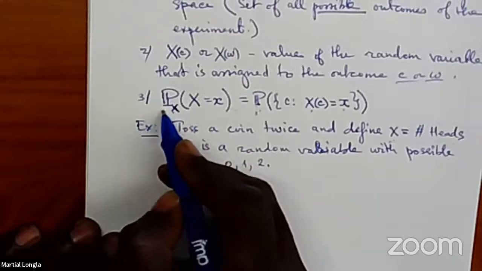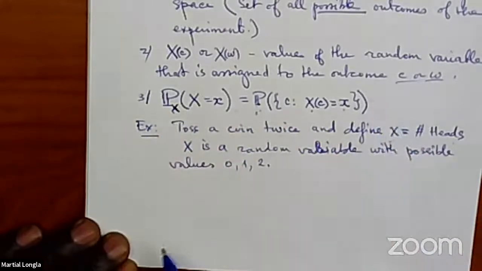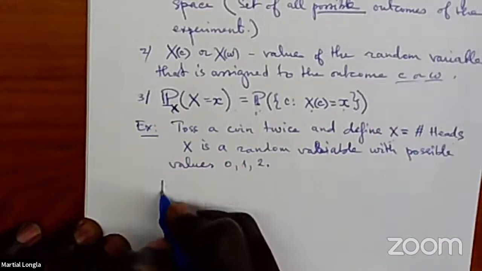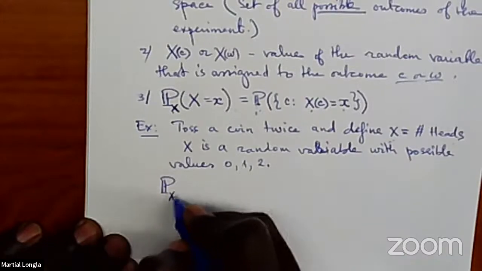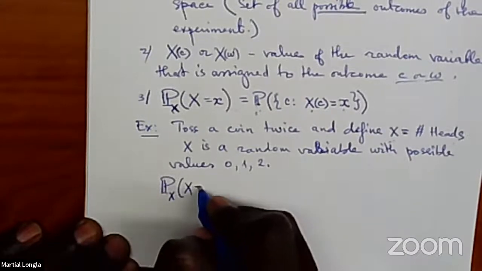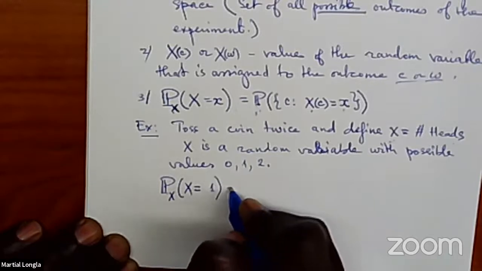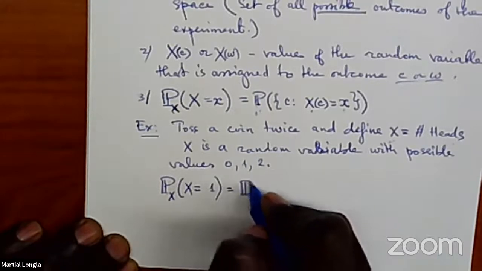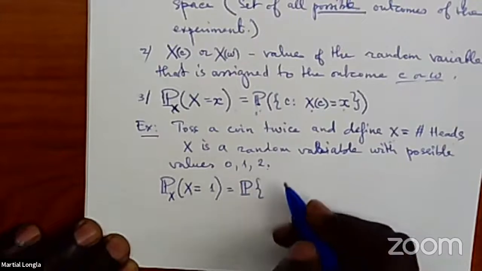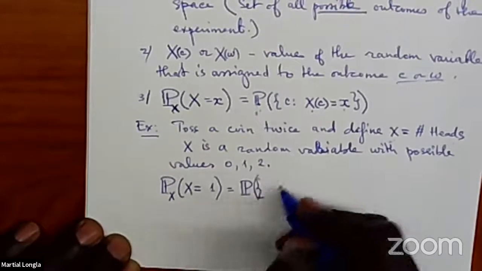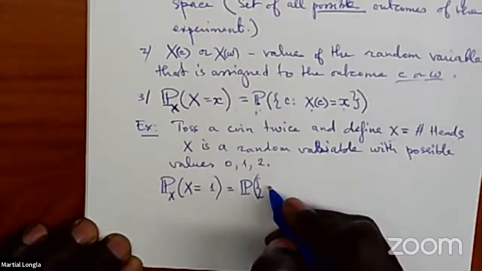I'm giving the example to explain this definition that is written here. So the probability under X that X is equal to 1 is equal to the probability of the set of all c's.